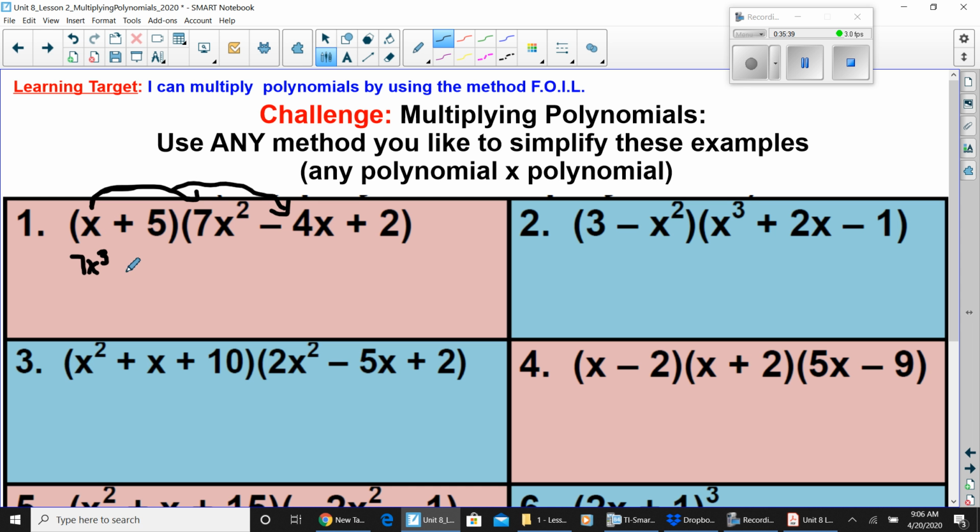And then it's x times negative 4x, which is negative 4x squared. And then this x still has to be distributed to this 2. So just remember, if you're taking a first term of the binomial right here, you have to multiply it by everything in the second set of parentheses. All right, so x times 2 is just simply 2x.